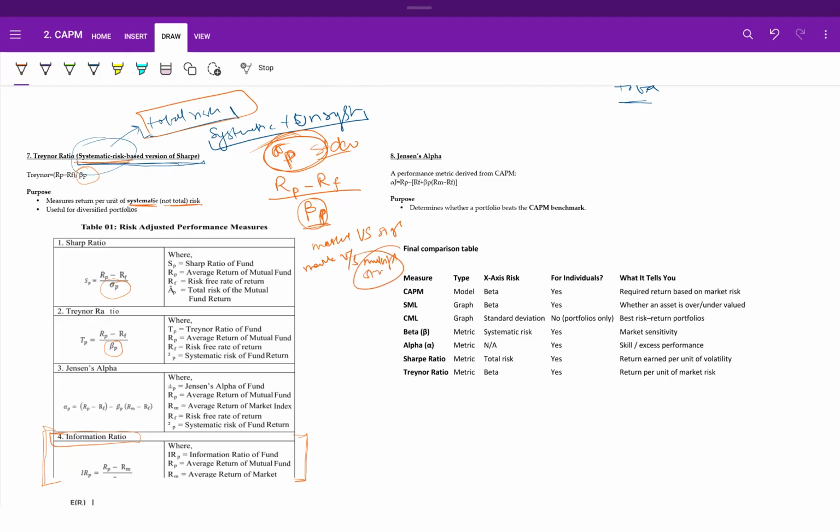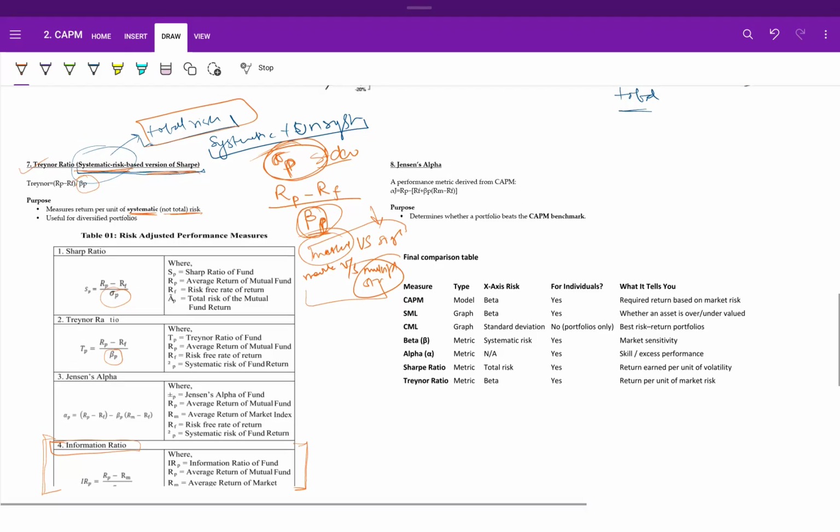When you're talking about a single stock, then it's relatively easy, and it makes more sense to use beta or systematic risk, because unsystematic risk is with the stock, and systematic risk is with the market. Okay, so we have discussed the Treynor ratio also, which is a systematic risk based version of the Sharpe ratio.